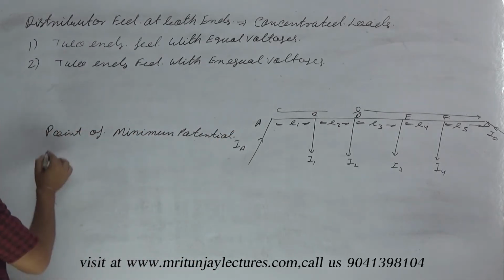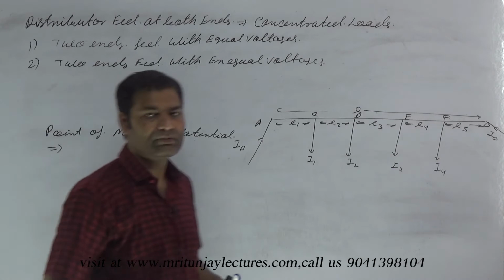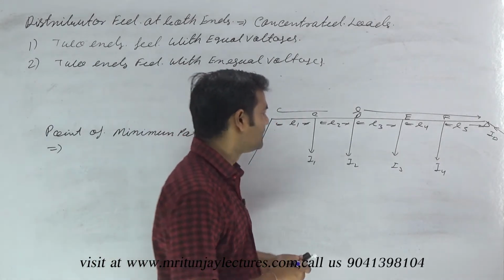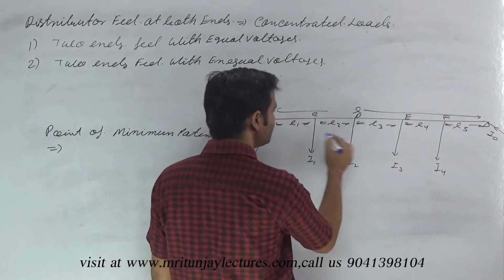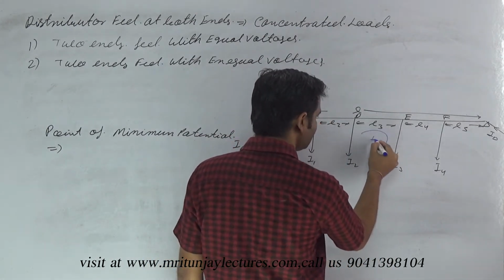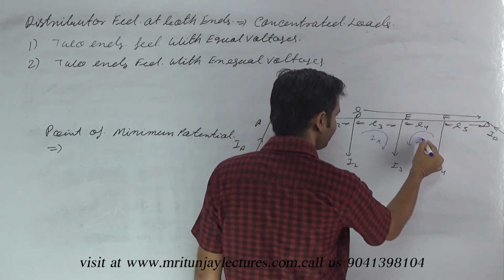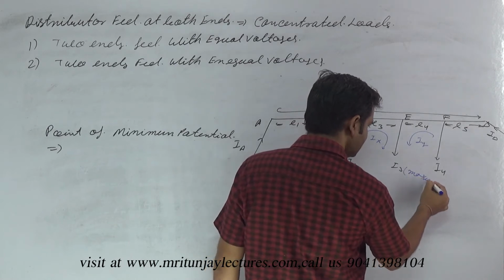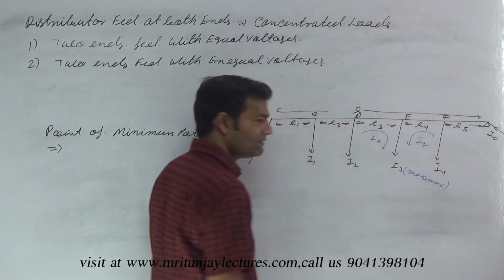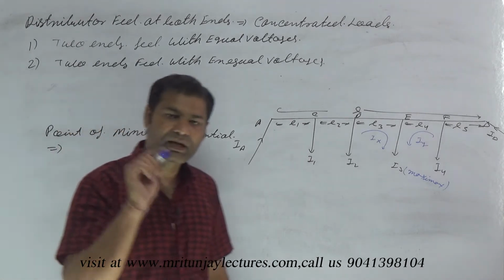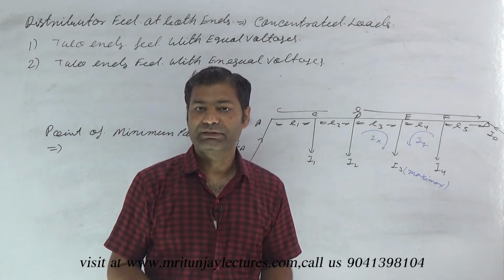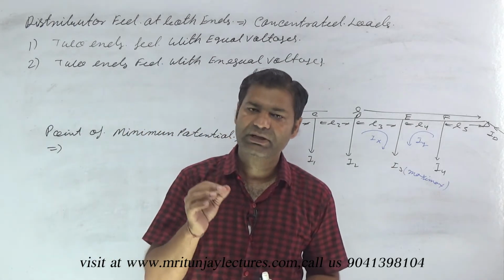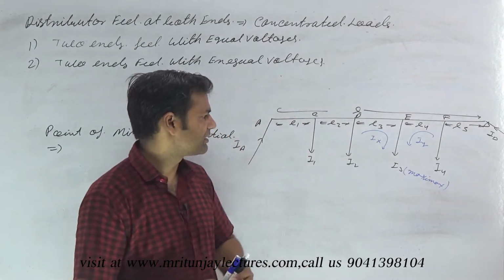I know that a point at minimum potential behaves as a sink. Suppose that point E is a sink, behaving as a sink, means the currents are Ix and here Iy, and I3 has the maximum current. Clear? I3 is the maximum current. At maximum current we get the minimum voltage, because of its behavior as a sink.